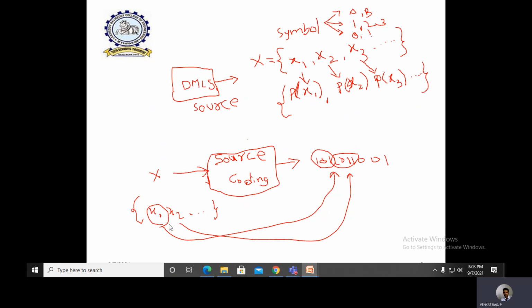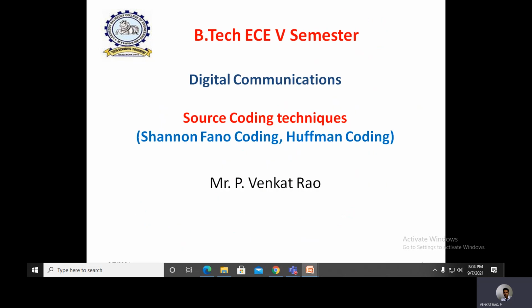Suppose it emits x1, which is assigned a group of bits, 101, so 3 bits. For x2, 4 bits are assigned. That is variable length coding, because the lengths differ. If it were fixed, 3, 3, 3, 3, then it would be known as fixed length coding. But what we are going to discuss is variable length coding, which has 2 types, Huffman coding and Shannon-Fano coding.